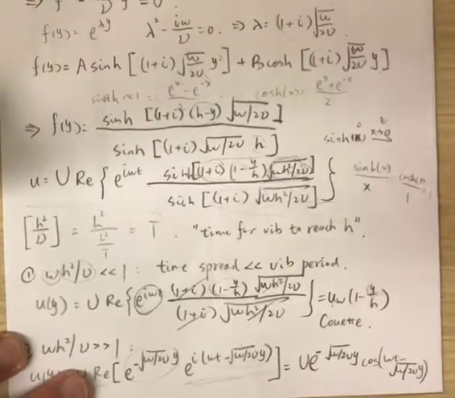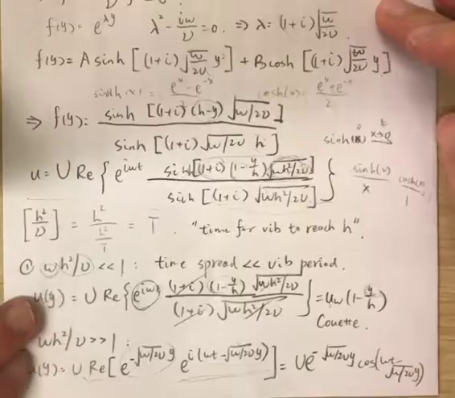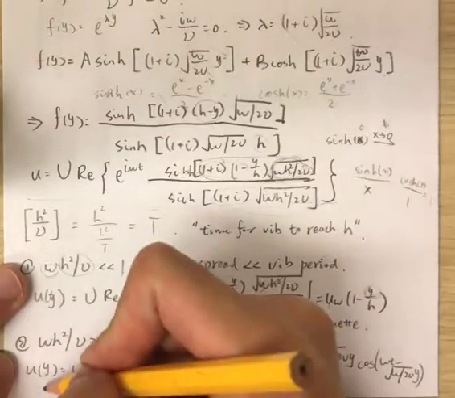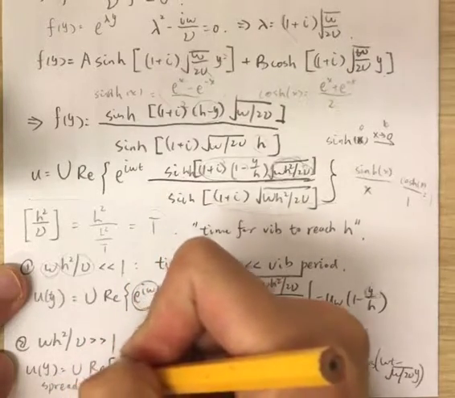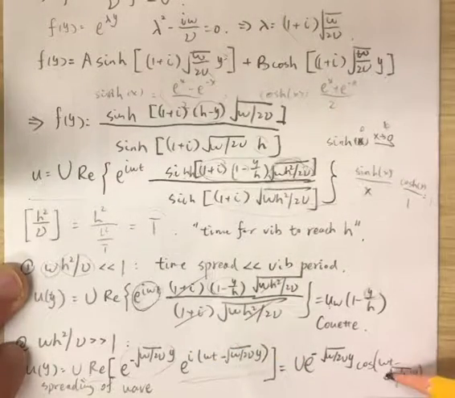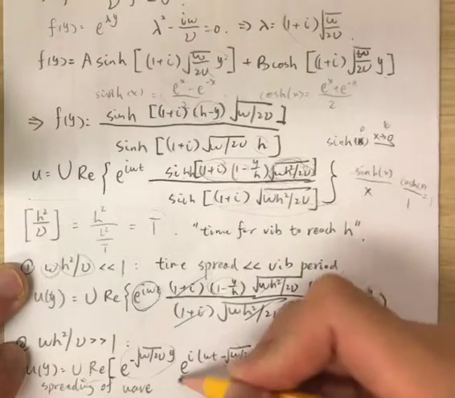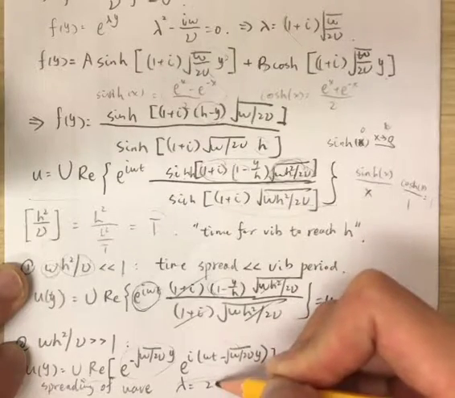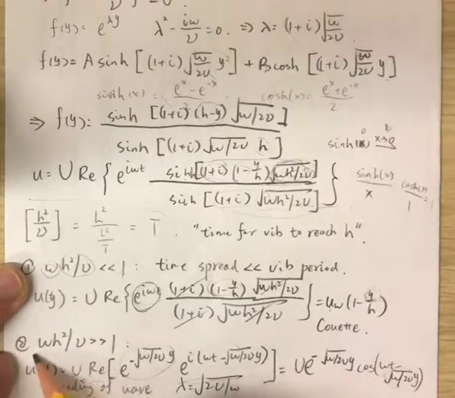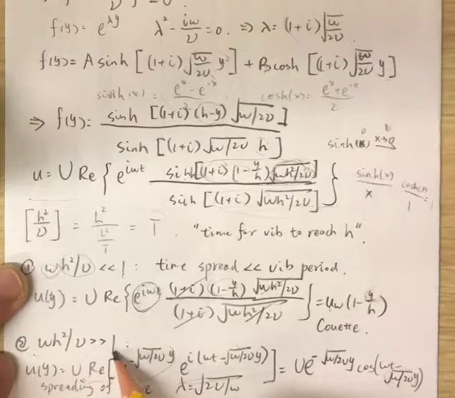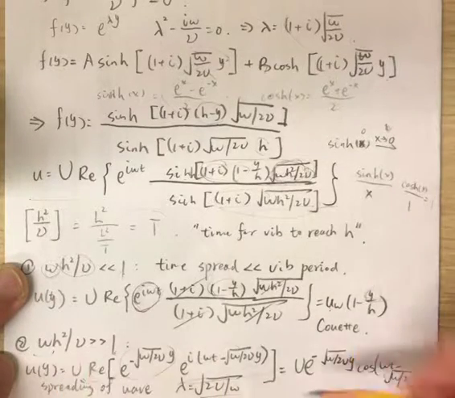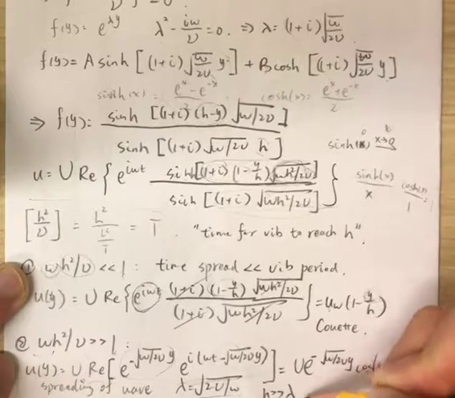Well, the result may not be that important. What I want to tell you is this thing basically represents the spreading of a wave, which has a wavelength of lambda equals 2 nu over omega. And here we see this thing is very, very much larger than 1, which means the h is very, very much larger than lambda, right?